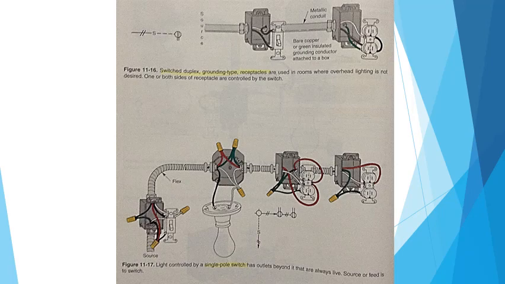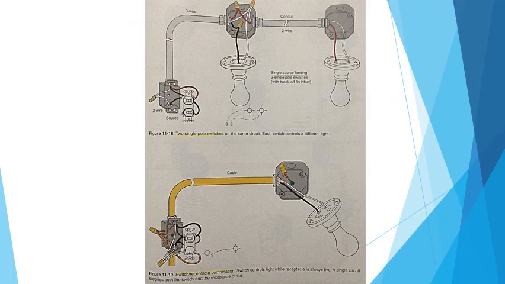11-17 Bottom, light controlled by a single pole switch has outlets beyond it that are always live. Source or feed is to switch. 11-18 Top, two single pole switches on the same circuit.